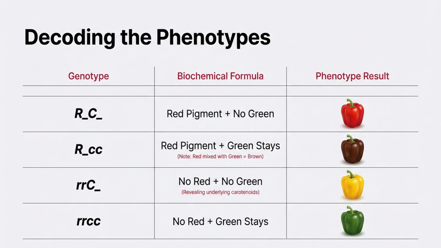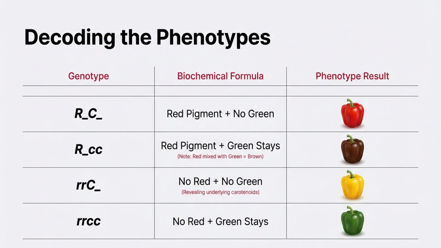Here is the breakdown. The 9 group produces red pigment and removes the green, resulting in the red color of peppers. And the first group of 3 produces red but keeps the green, creating the brown color of the pepper.